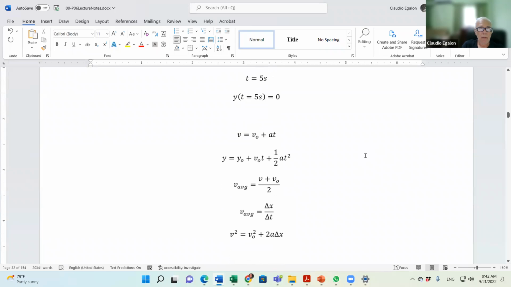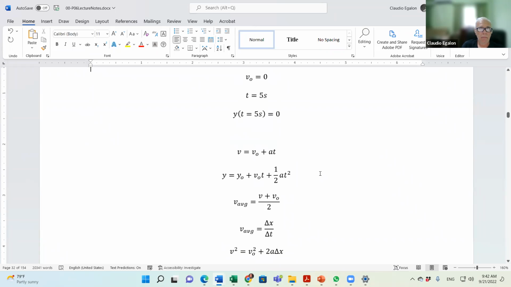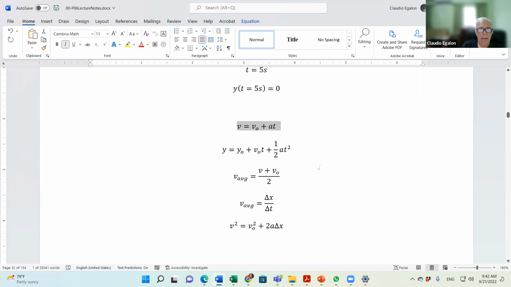Okay, so we have our first equation here, and we can write it down in numeric terms.